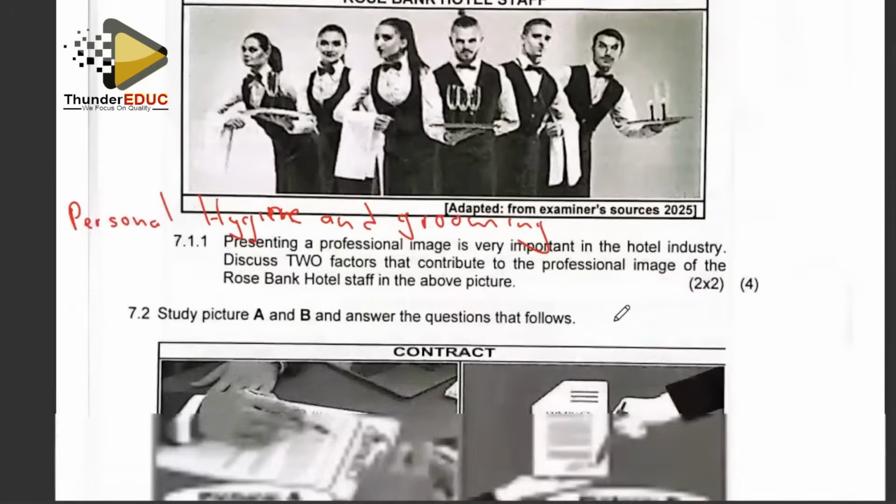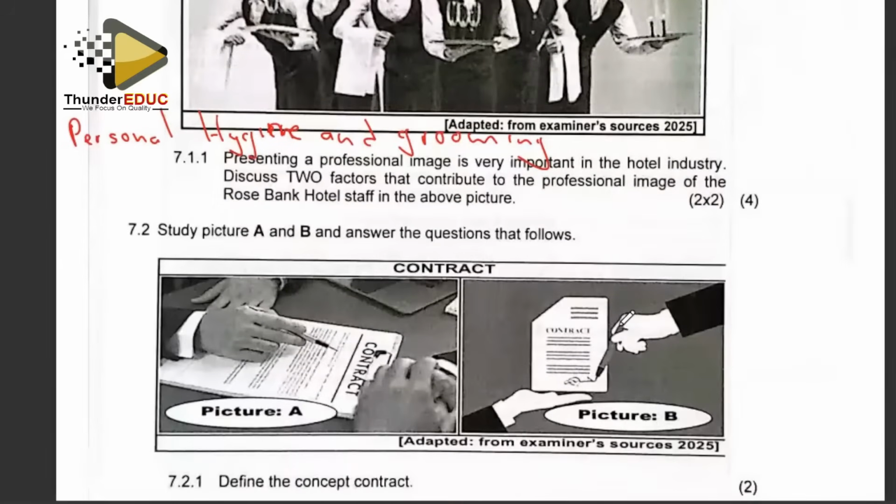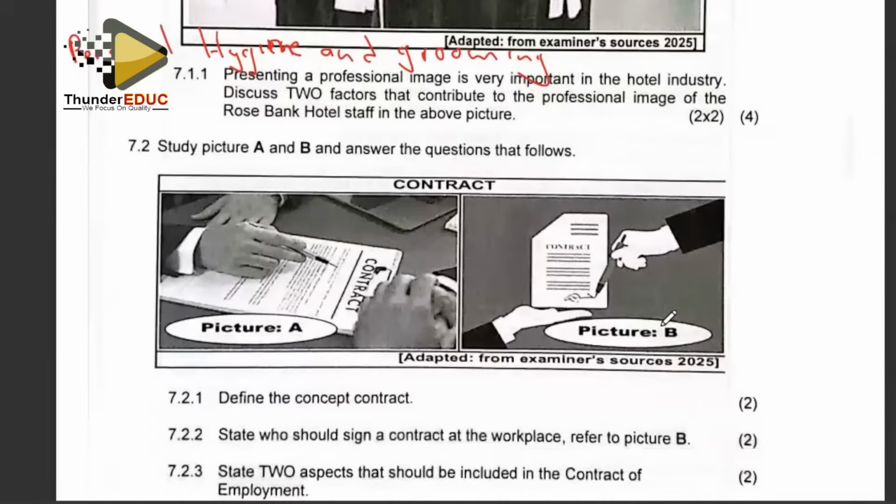Then moving on to the next one, 7.2, study picture A and B and answer the questions that follow. So we do have picture A, contract. Then we also have someone who is signing the contract there. Define the term contract.